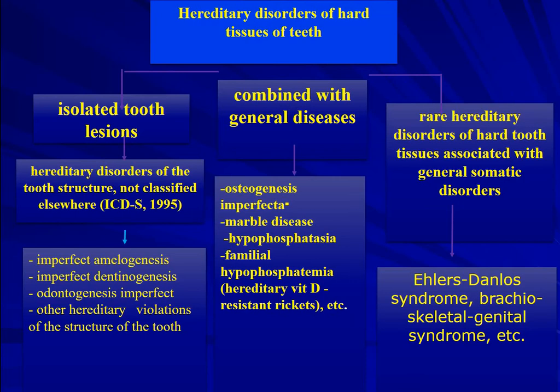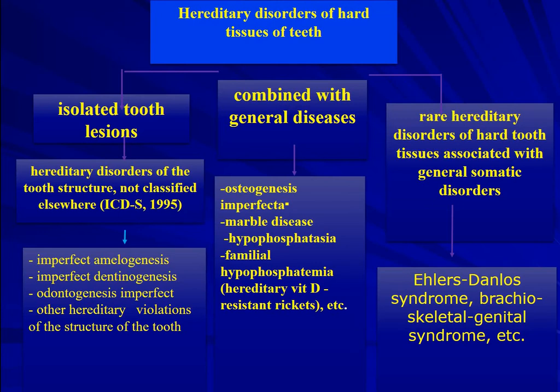The first group, isolated tooth lesions, hereditary disorders of the tooth structure not classified elsewhere, include imperfect amelogenesis, imperfect dentinogenesis, imperfect odontogenesis, and other hereditary violations of the structure of the tooth.